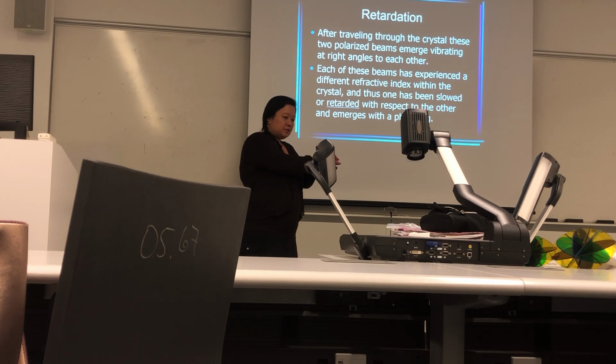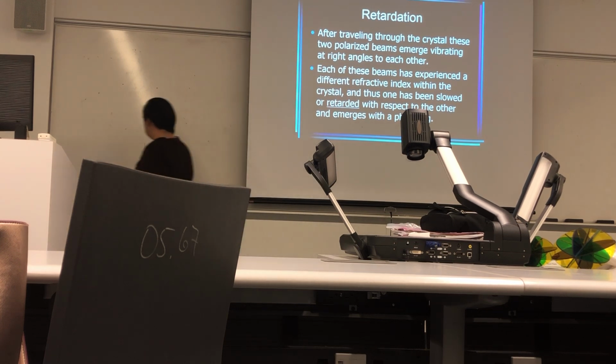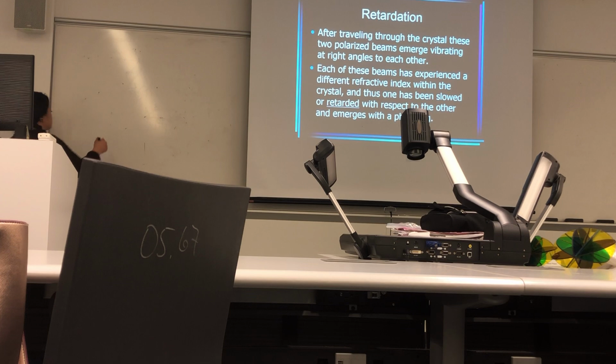And so even if the phases were the same, we're talking about phase. This is my light wave. This is in phase, when the crest of one wave is aligned with the crest of the other.